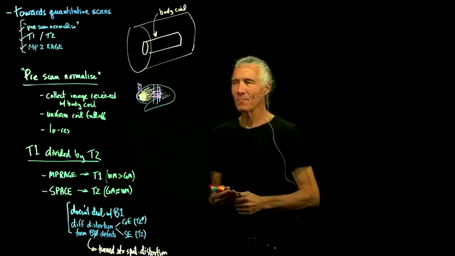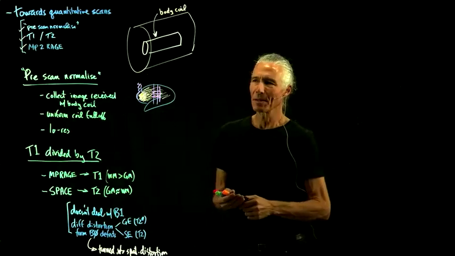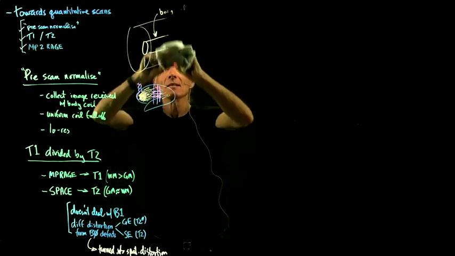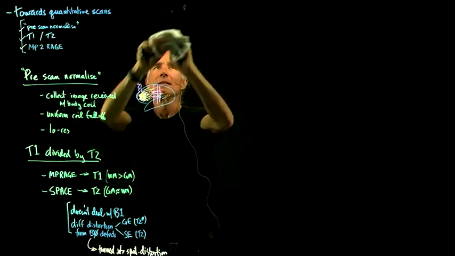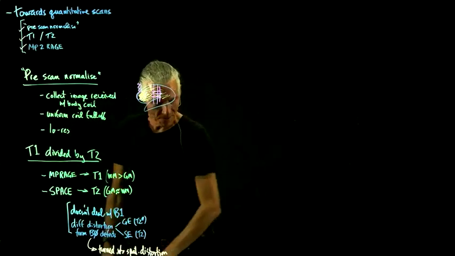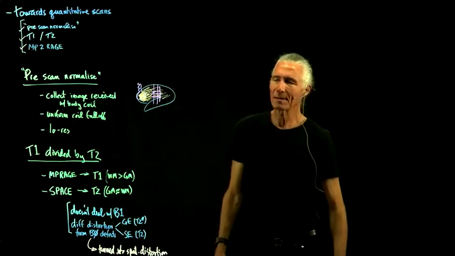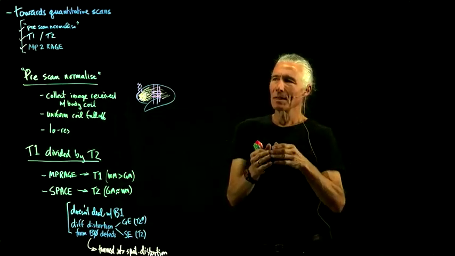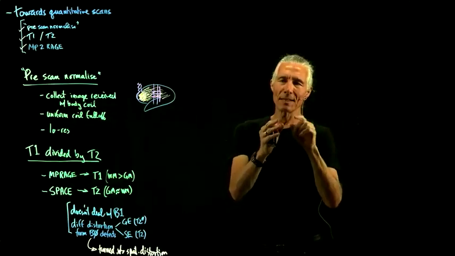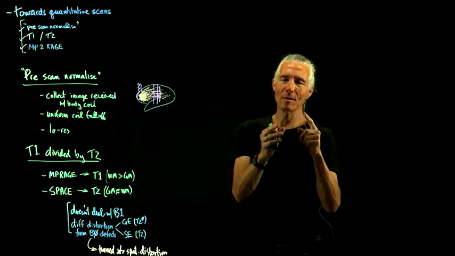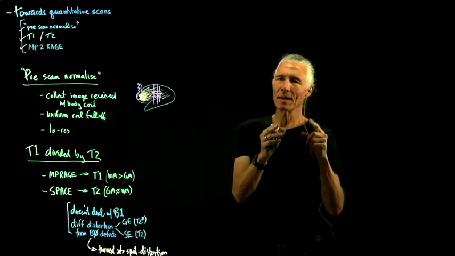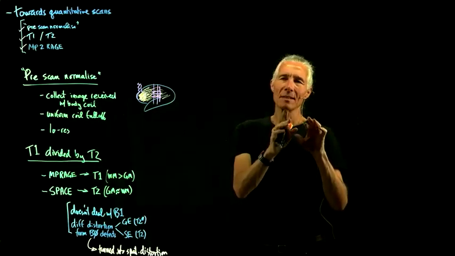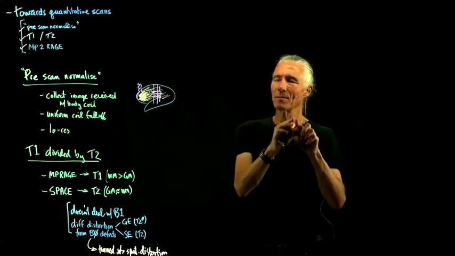A couple times ago, we talked about how MPRAGE works. MPRAGE was this gradient echo sequence, kind of a weird sequence, where you had an inversion pulse, and then you do a FLASH type scan. The FLASH type scan was a fast gradient echo, a bunch of low angle flips to record the data very quickly, with the hope that you would more or less wipe out the signal after each little low angle flip.